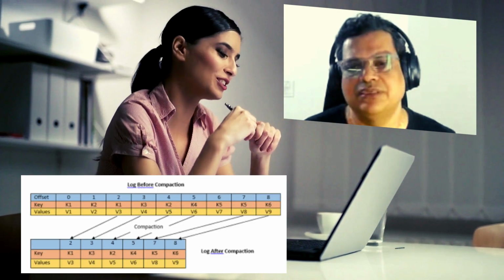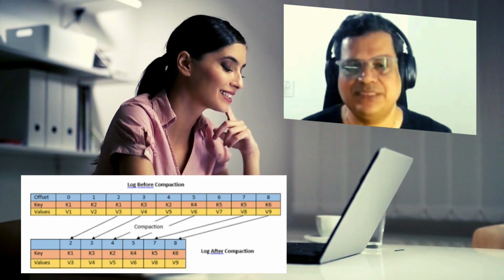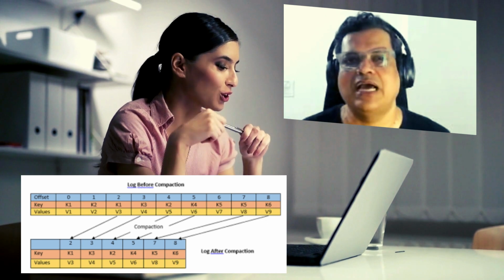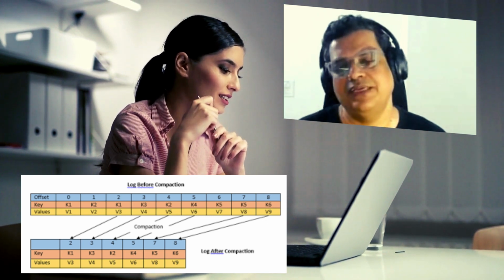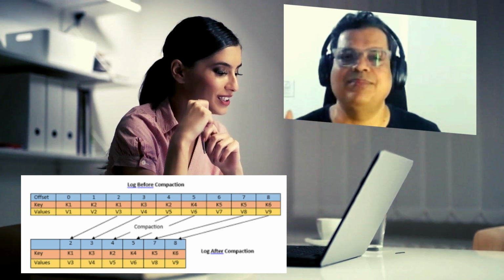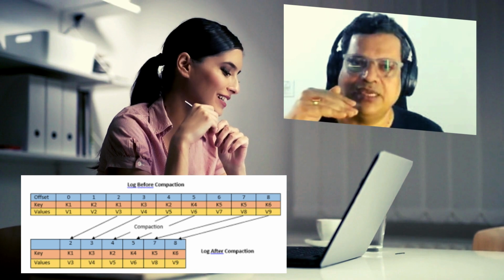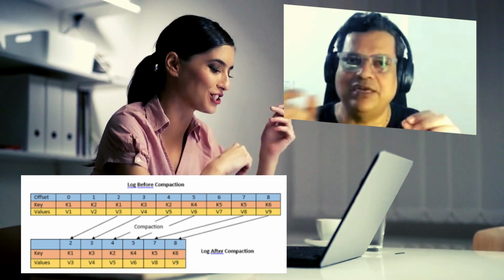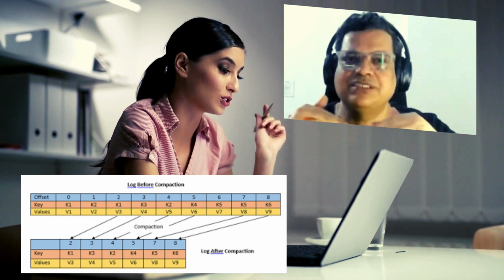I think people are a little confused about the compaction. So please try to understand that log compaction has meaning only when you have an append kind of concept. Why? Because just consider the use case where you are writing every time one key value pair, which is just like an update that your system is up and running.